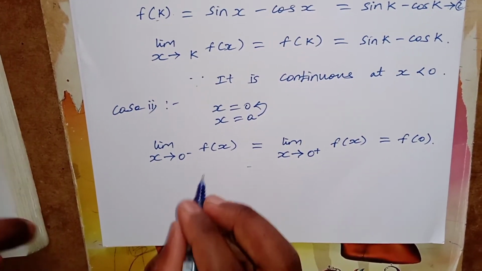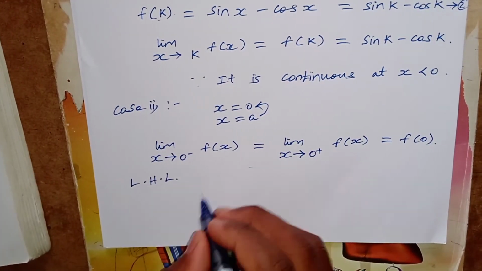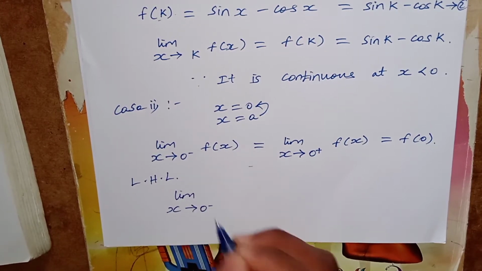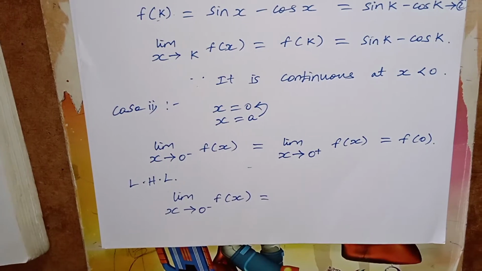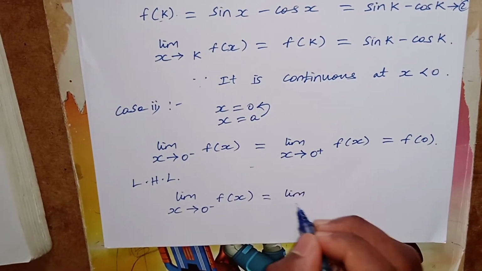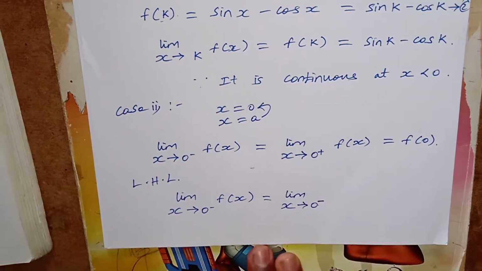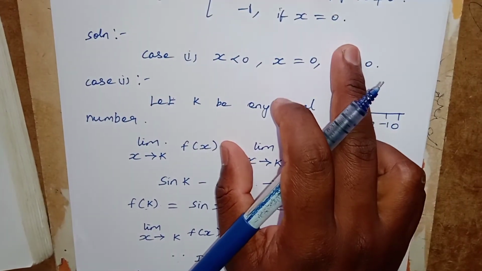Let us first check the left hand limit. Left hand limit means limit x tends to 0 minus of f of x. First, you have to take 0 minus, just less than 0, like minus 0.9, minus 0.8.